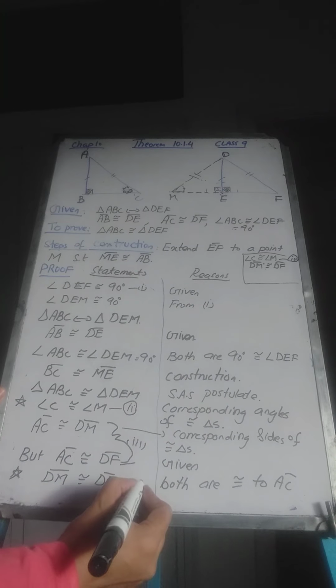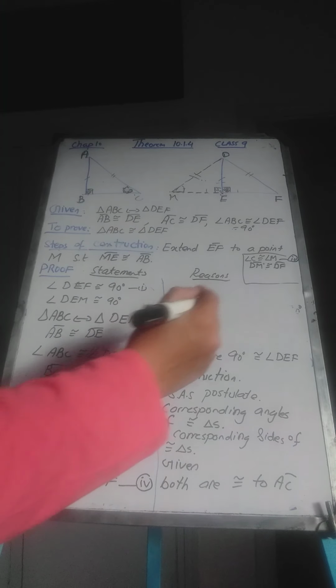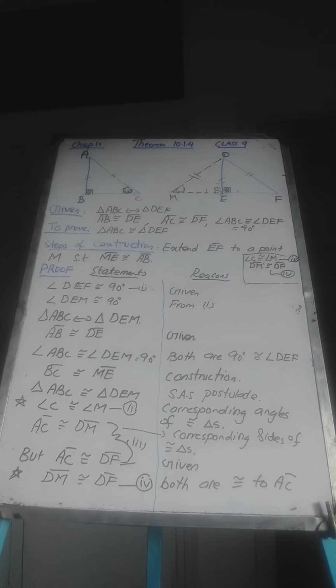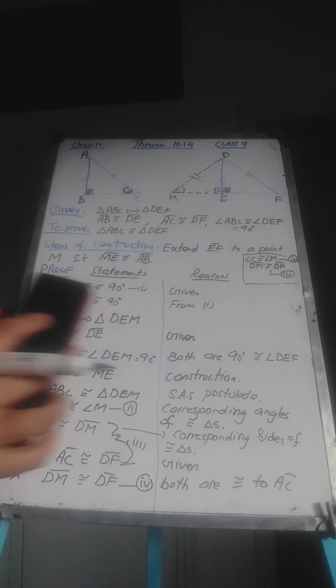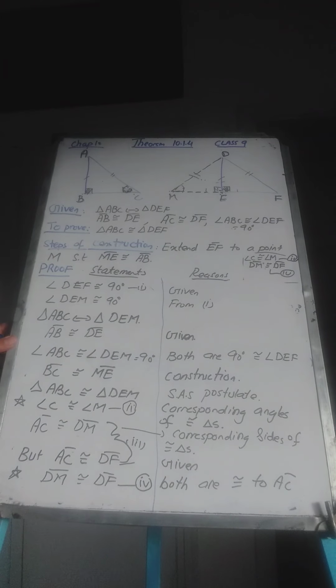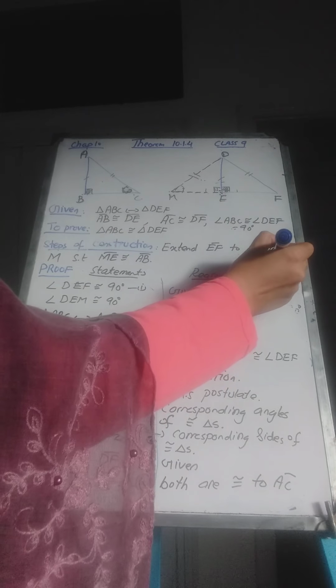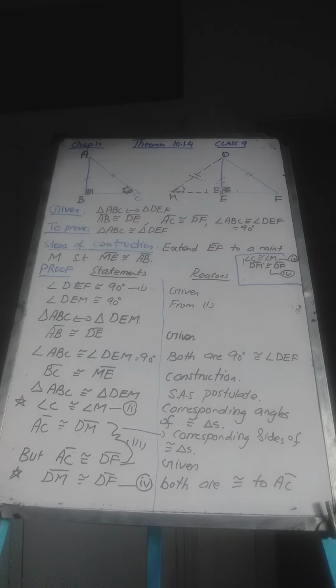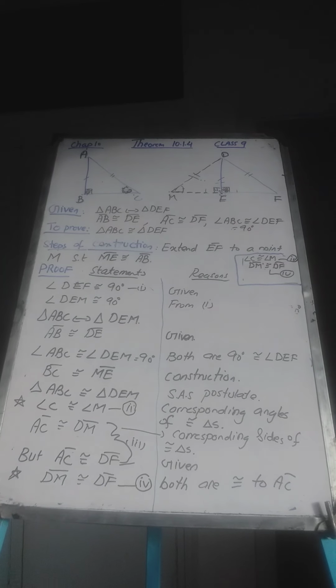This is equation 4. So these are the results which we have obtained so far. And this we are going to use in the coming steps. I am going to erase this and then continue from this line.